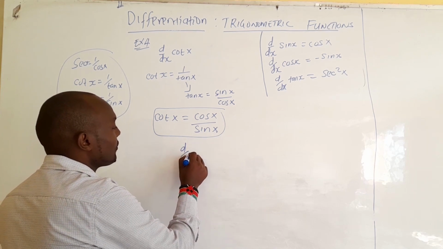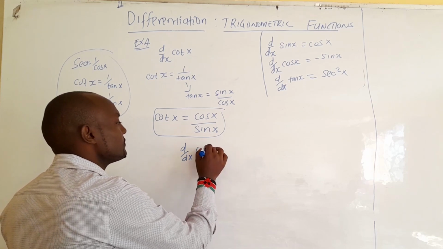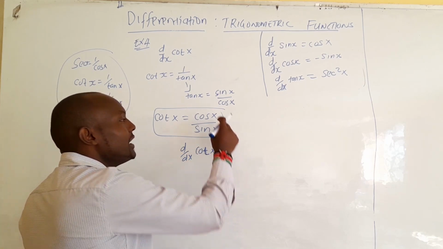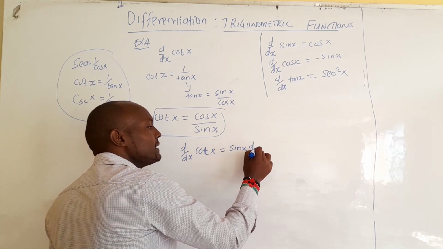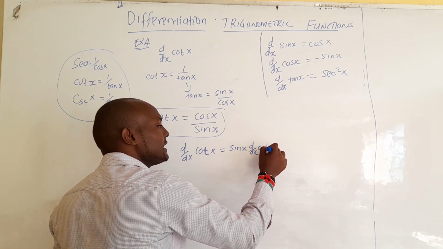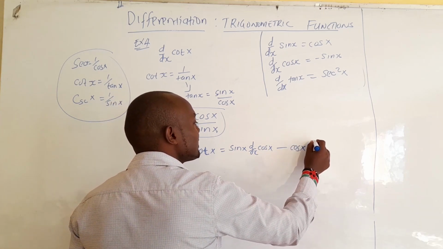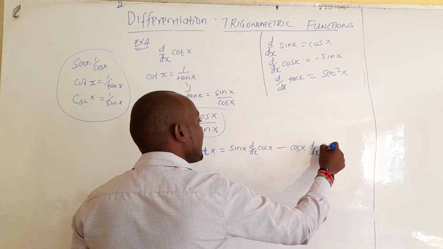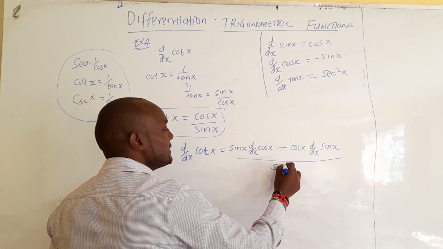Derivative of cot x will be equal to: hold sin x constant, differentiate the numerator, differentiate cos x, minus, now hold the numerator constant, differentiate the denominator, and my denominator is sin x, all over sin x squared.